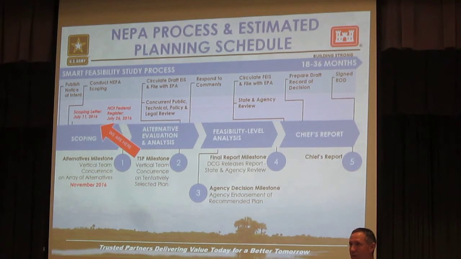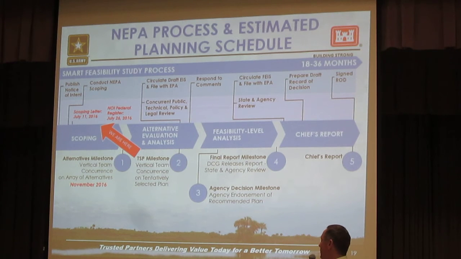And you can also send in comments in writing or by email. I'll have some information at the end on how you can do that. That information gets taken in by the project team. They develop alternatives to basically come up with, these are alternatives we're going to consider for restoration in the Western Everglades, and that's the first decision milestone that we make.